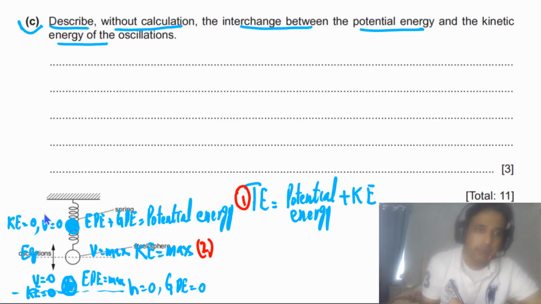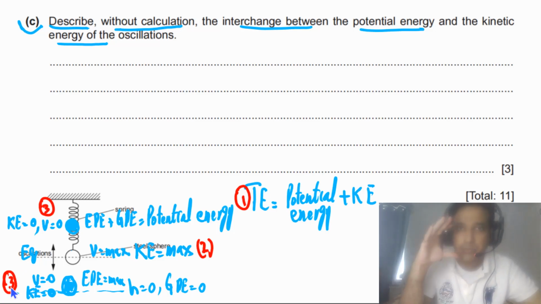So simply we can say at maximum displacement kinetic energy is equal to 0. This is the same point. We can say when displacement is maximum, kinetic energy is equal to 0. We can say total energy is equal to the sum of these two energies, and kinetic energy is maximum at equilibrium.